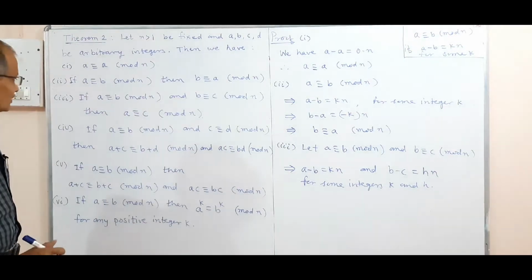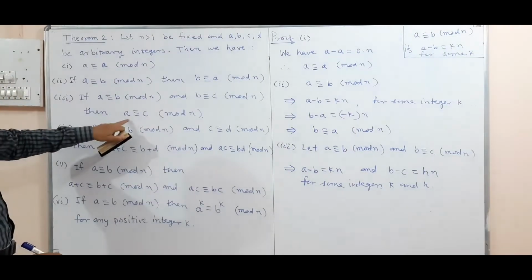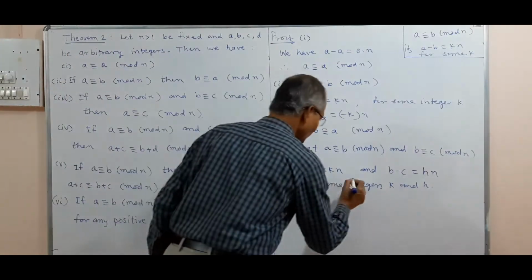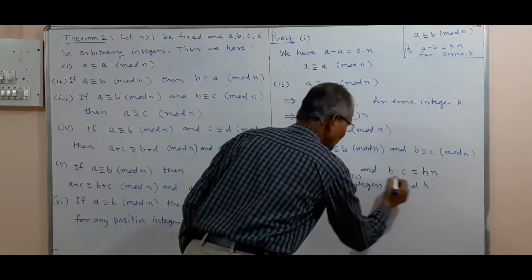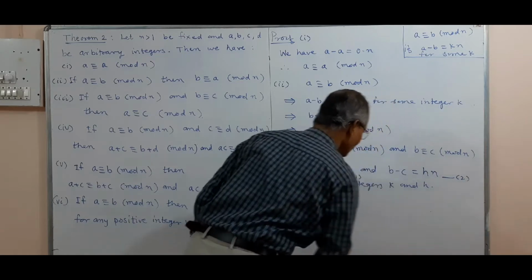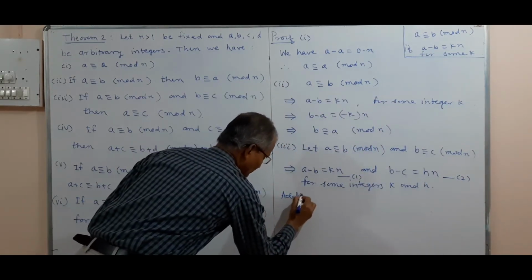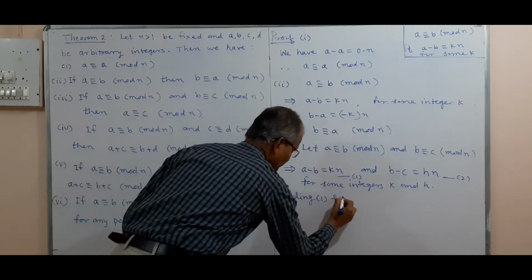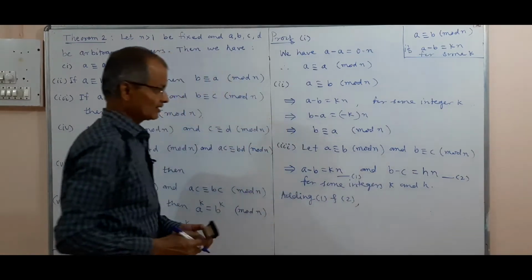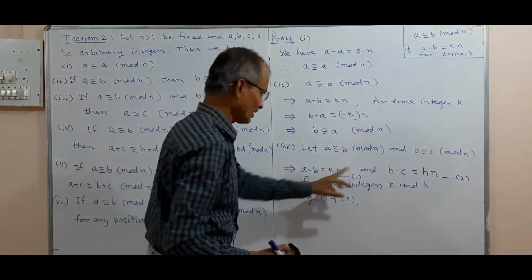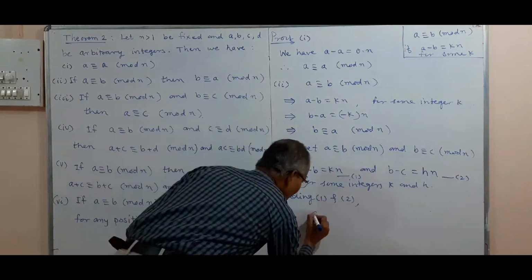Now to prove a is congruent to c, we want a minus c, and therefore we add 1 and 2. On the left side, a minus b plus b minus c, b cancels and we get a minus c.